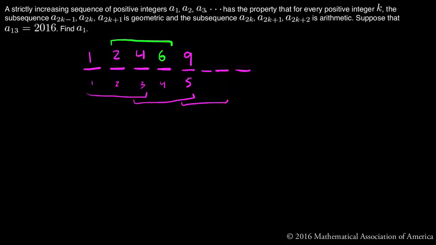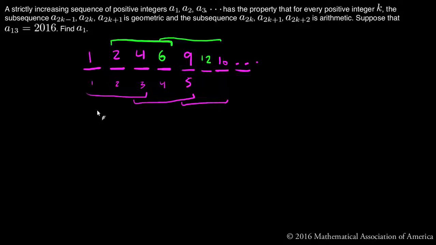So now I need another arithmetic sequence. So 6, 9, I'm adding on 3, 12. And to get from 9 to 12, I multiply by 4/3. So the next one that I get, 12 divided by 3 is 4, times 4 is 16. And so forth and so on. But the pattern that we need to catch is this.